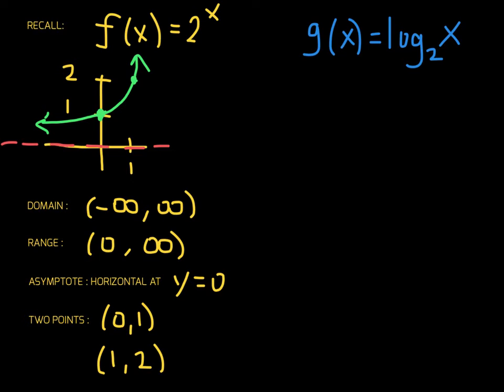I don't want you to lose this: f is exponential, and g is logarithmic. What is the relationship between these two functions? They are inverses of each other. You can go back to example 1 at the very beginning of this lesson to confirm that these are inverses and how we determine that.